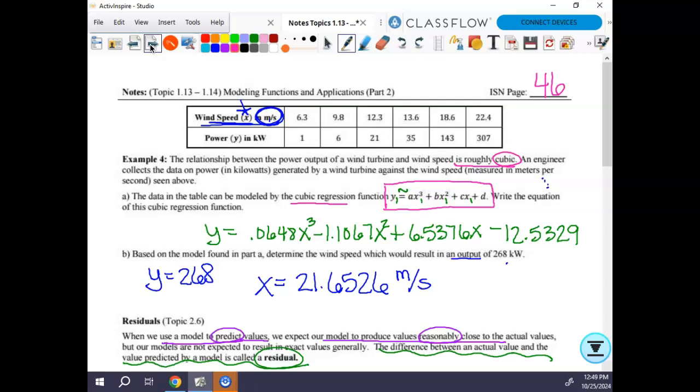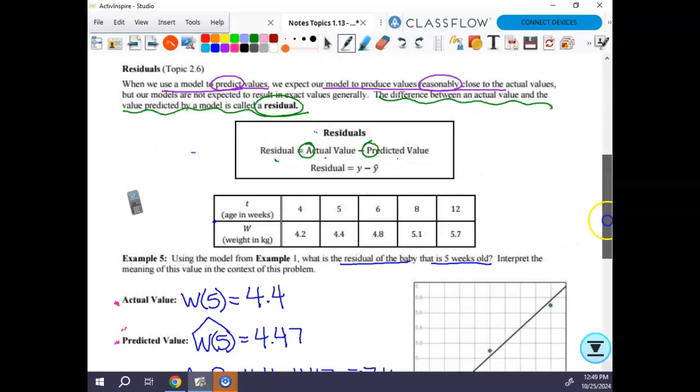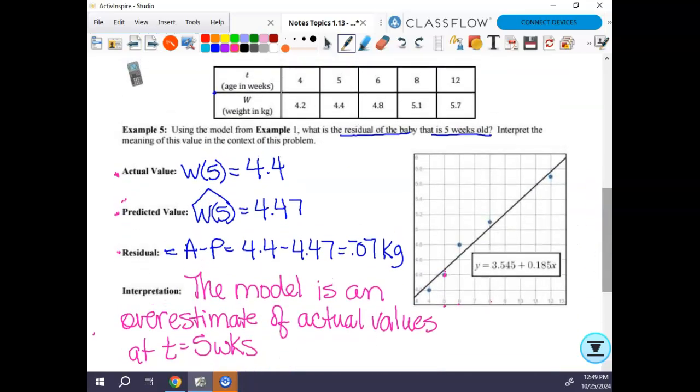Like if it asks you to use the model, because we know what W of 5 is. We don't know what W of 7 is, so the only thing I can do is predict it, right? But at 5 weeks, I can get 2 different answers. And if you can get 2 different answers, and you're supposed to give one, it should be pretty clear in the wording. That's a very good question. What else we got? Anything else?